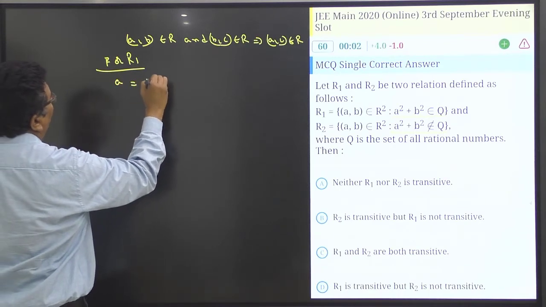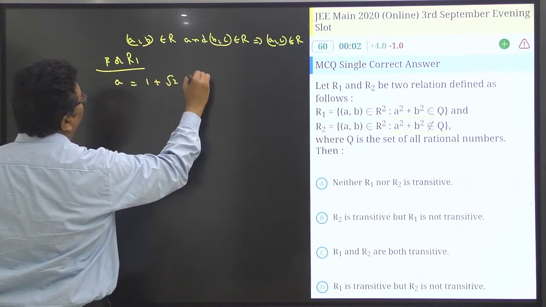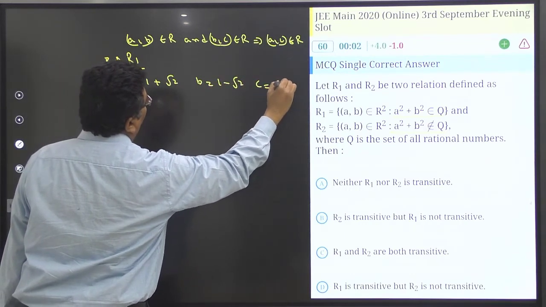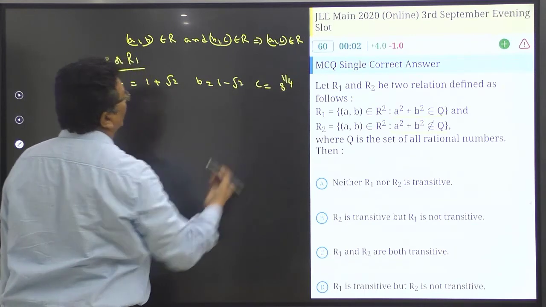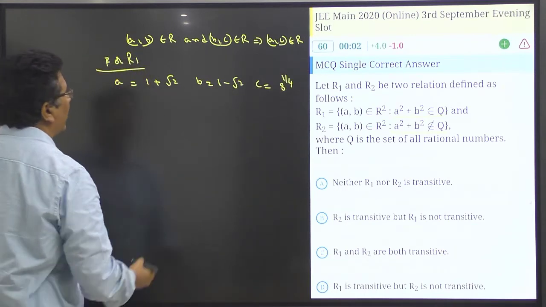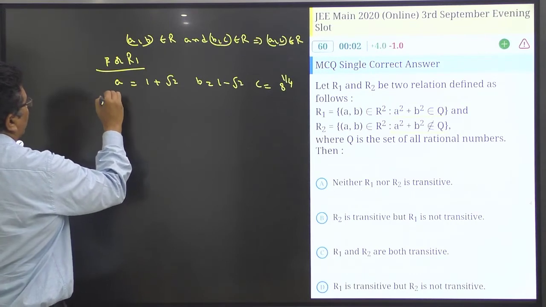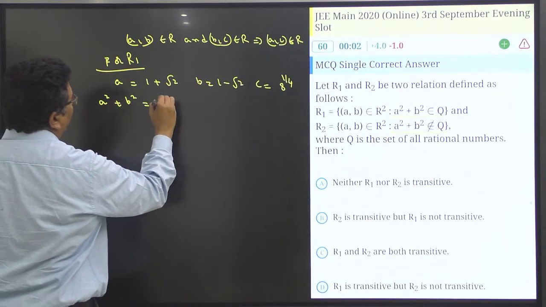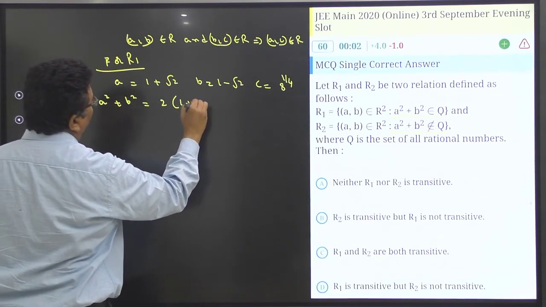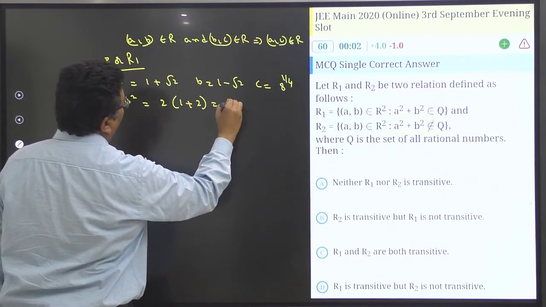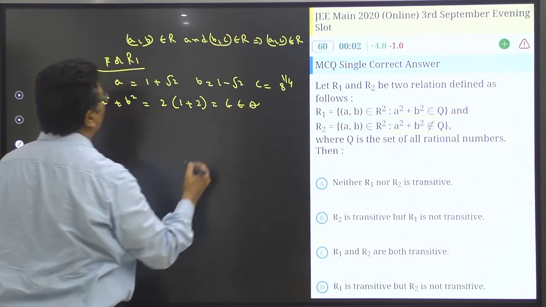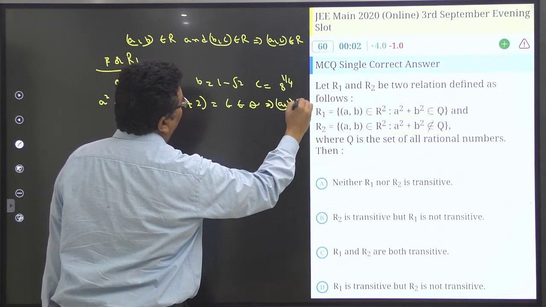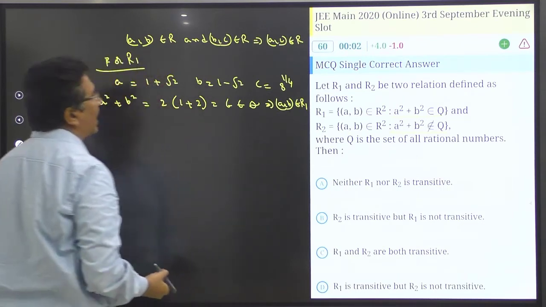Let a is equal to 1 plus root 2, b is equal to 1 minus root 2, c is equal to the 4th root of 8. From this, a square plus b square is equal to 2 into (a square plus b square), that is equal to 6, which belongs to Q. That implies (a, b) belongs to R1.